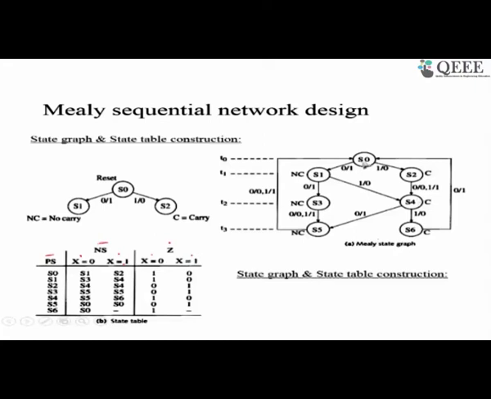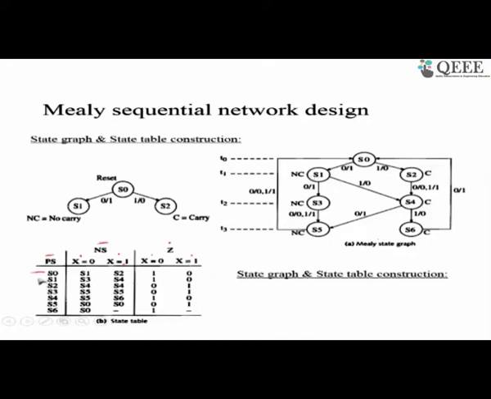So from S0, when the input is 0 we go to S1, when the input is 1 we go to S2. That is what we represent here. How is the output? When input is 0 we produce a 1, when the input is 1 we produce a 0.